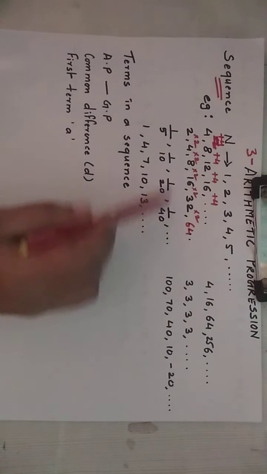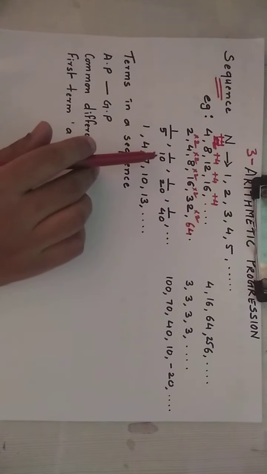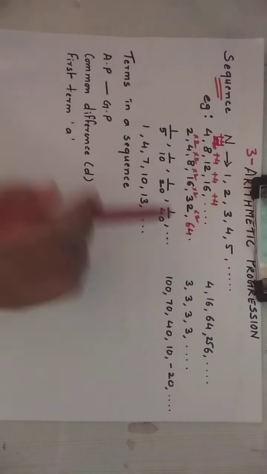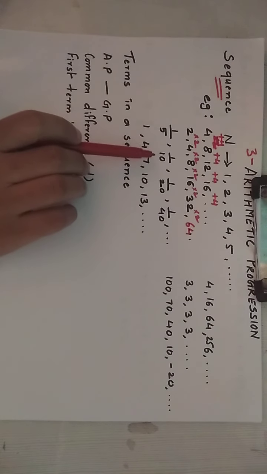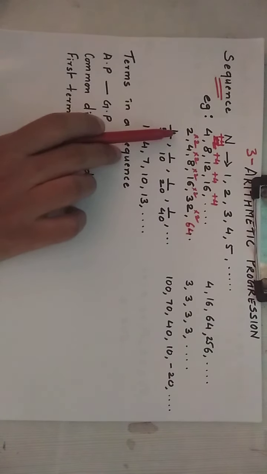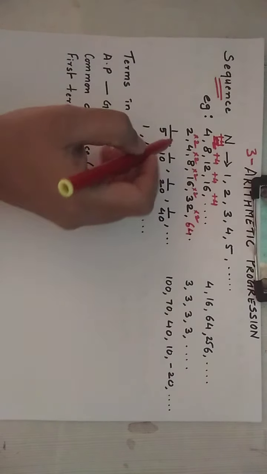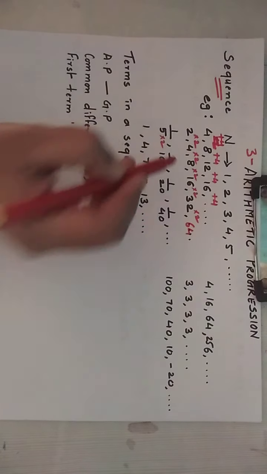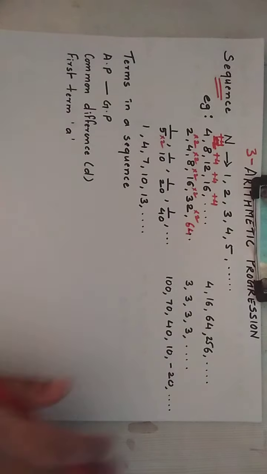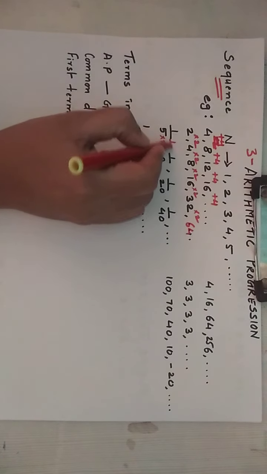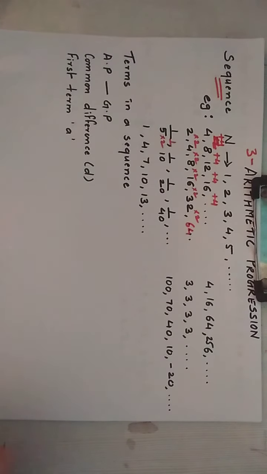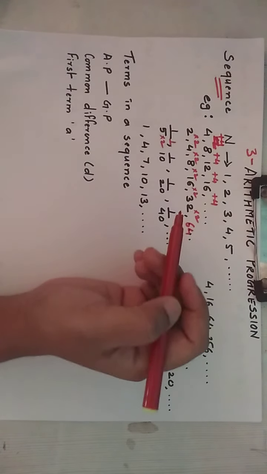Now let's see the third example. 1 upon 5, 1 upon 10, 1 upon 20, 1 upon 40. You need to observe the pattern over here, children. If you'll observe, 1 upon 5, if you multiply by 2, you get 10. That means 1 upon 5 should be multiplied by 1 upon 2. You get answer 1 upon 10.